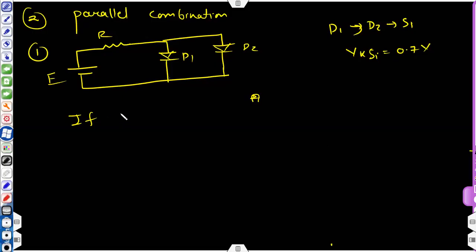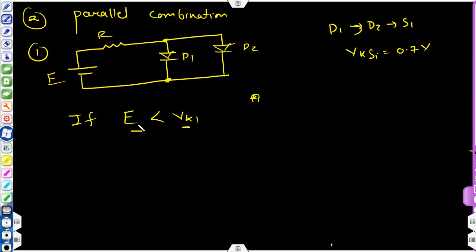So first thing, if E is less than Vk, okay, अब दोनों डायोड पैरेलल में, both the diodes are in parallel, so we don't need to add their sum, okay। यहाँ पे सिंपल कोई इक्विवेलेंस फॉर्मूला, कोई काम नहीं, कुछ नहीं लगाना है यहाँ पे, और वो लगता भी नहीं है। सिंपली इफ E इज लेस देन Vk, क्योंकि अभी यहाँ पे हमने कोई रेजिस्टेंस अज्यूम नहीं किया है, तो इफ E इज लेस देन Vk, D1 and D2 will be off, and this will be the equivalent circuit.